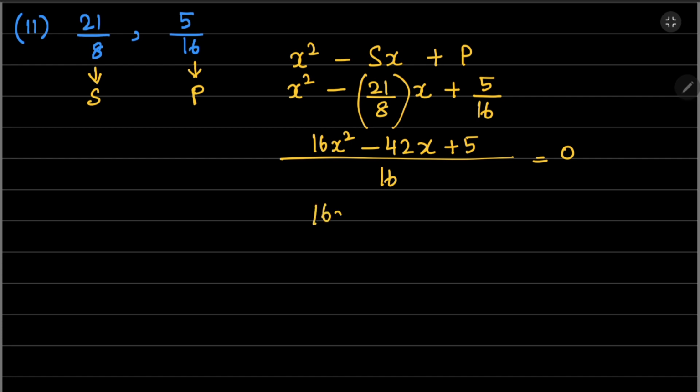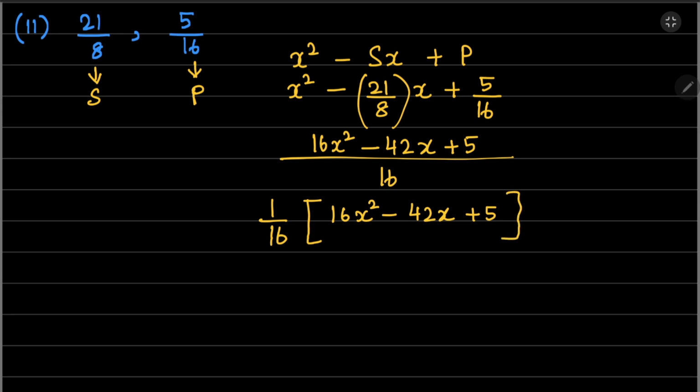Or even without equating it to 0, you can take 1 by 16 out common and the polynomial will be 16x square minus 42x plus 5.